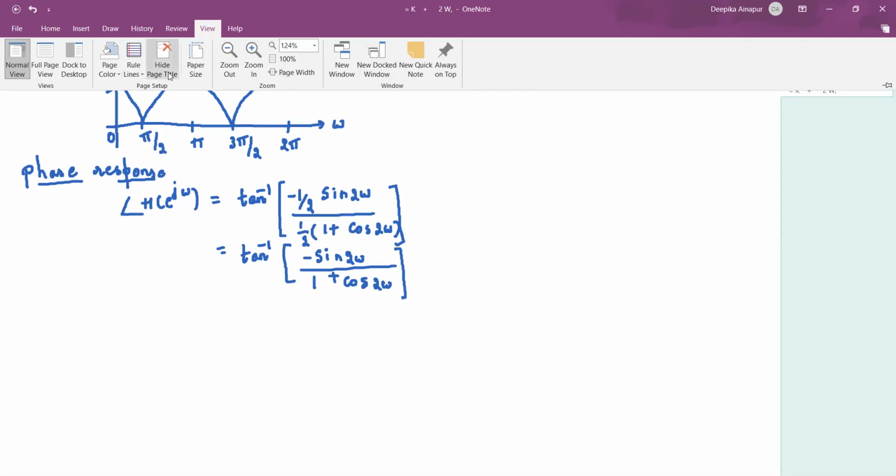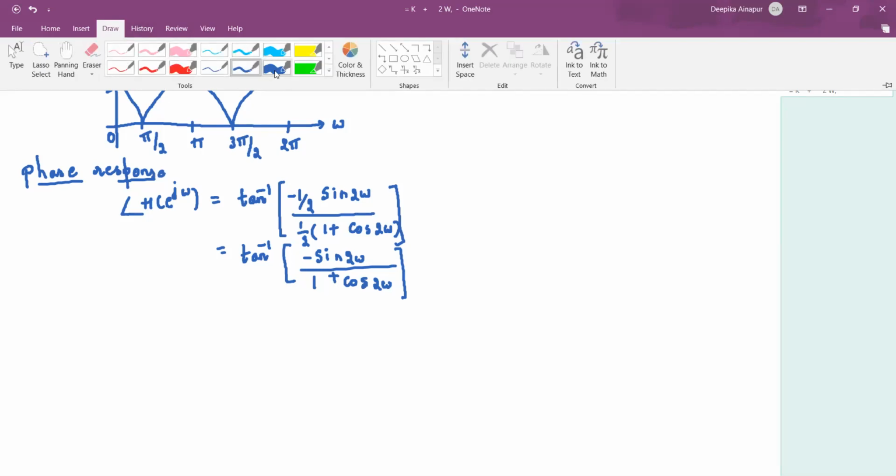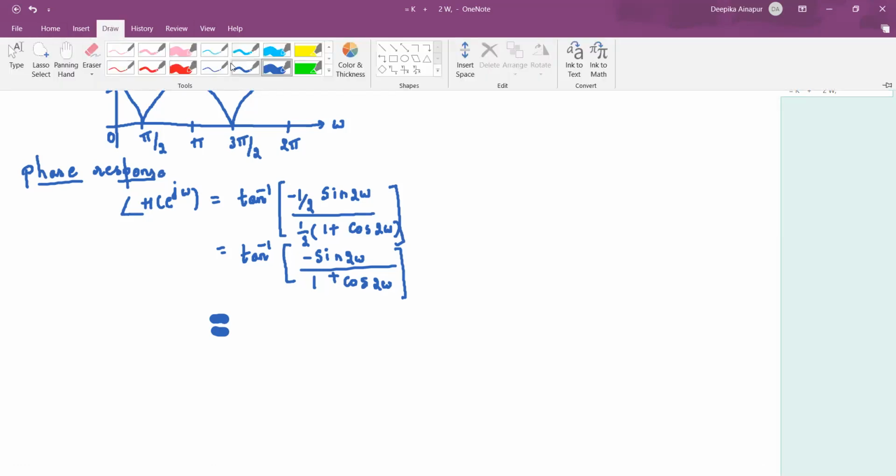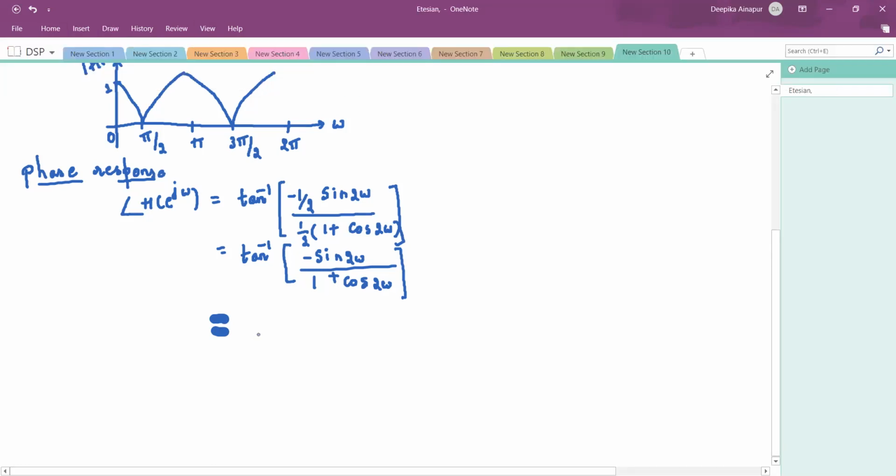Here we have to do some simple simplifications. So just substitute the formula for sine 2 omega. I'll keep the minus as it is; sine 2 omega is equal to 2 sine omega into cos omega.